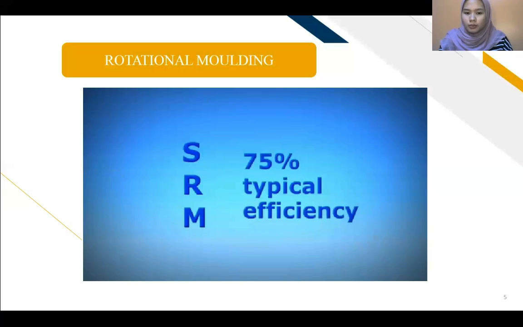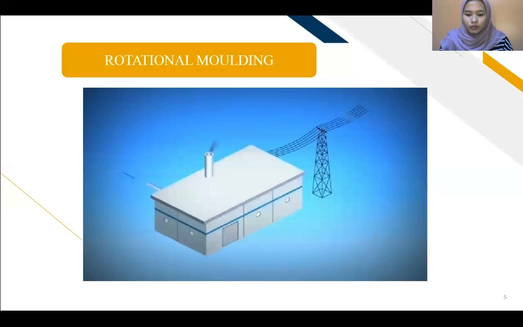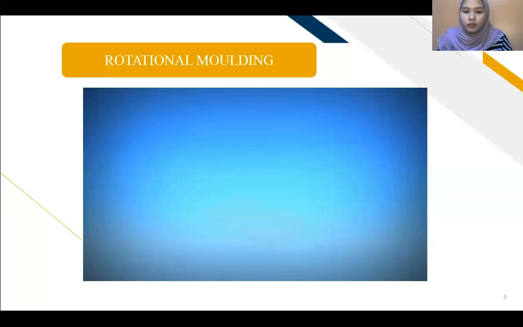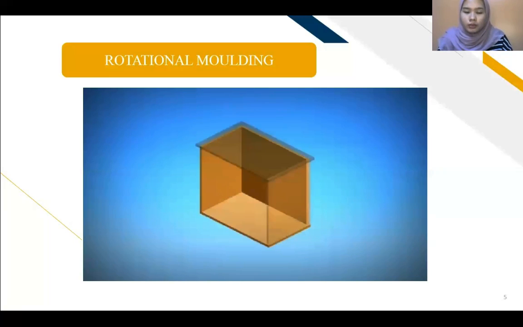More importantly, SRM radically reduces the capital requirements of the rotational molding process. Remember our traditional rotomolding factory? Instead of using large, heavy machinery to move molds into the oven, cooling, and workstations, SRM uses inexpensive, fixed-position armatures.